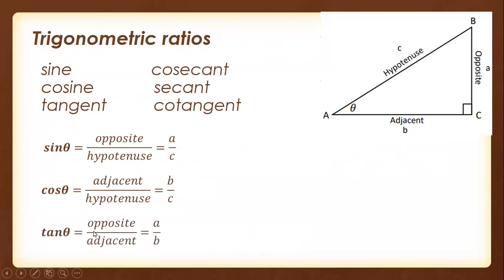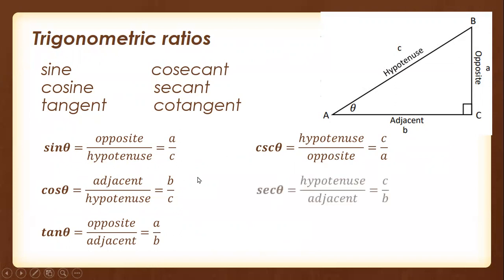Tangent theta, we have opposite over adjacent. Cosecant theta is equal to hypotenuse over opposite, or the reciprocal of sine theta. Secant theta is the hypotenuse over adjacent, or the reciprocal of cosine theta. Lastly, cotangent theta, adjacent over opposite, or simply the reciprocal of tangent theta.